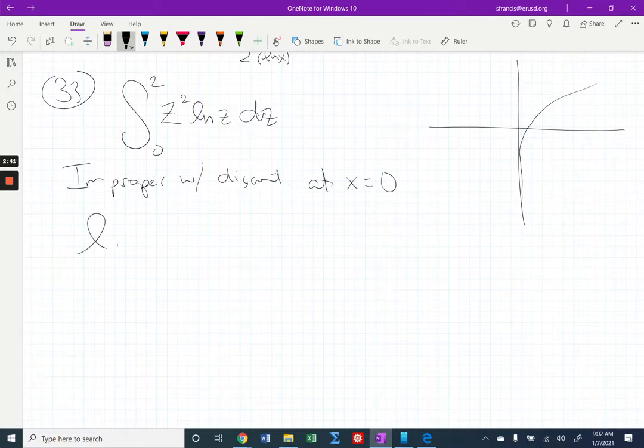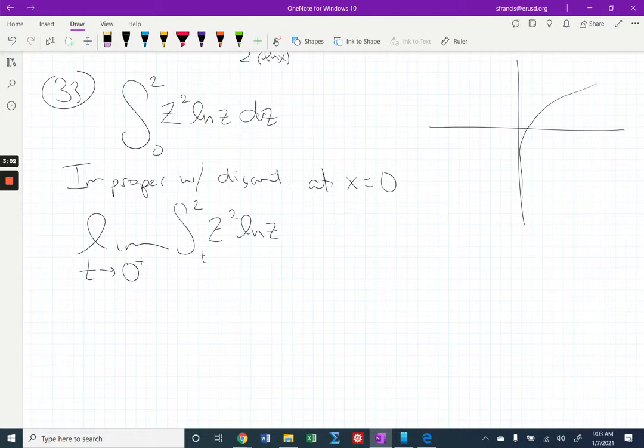So you're going to rewrite this one as a limit, and you're going to let your variable approach 0 because that's where the discontinuity is. But since 0 is the left-hand endpoint, we're going to have to approach from the right because we want to approach from numbers within the interval. And so make sure on these types you use one-sided limits.